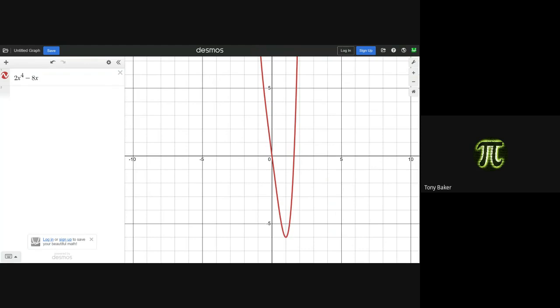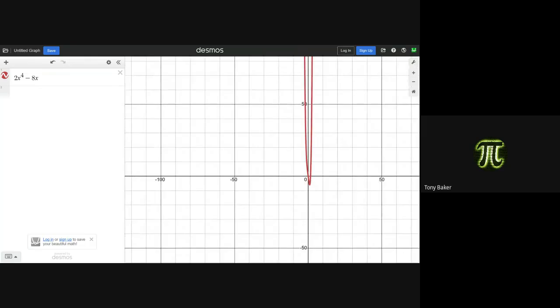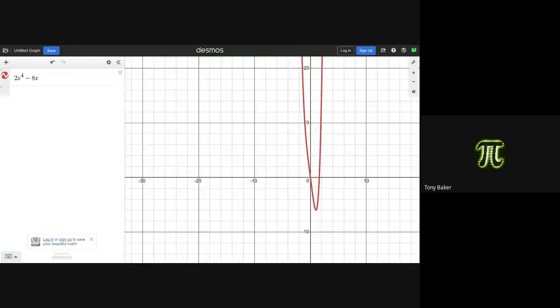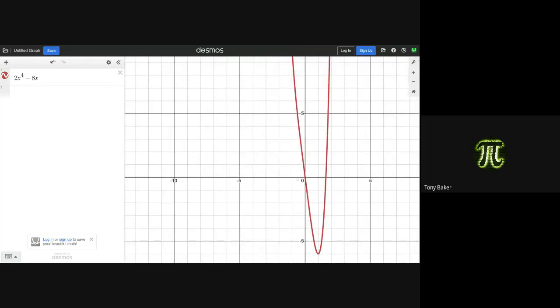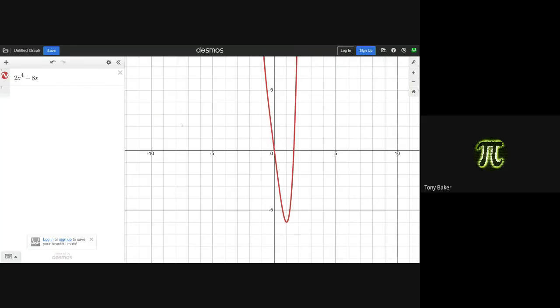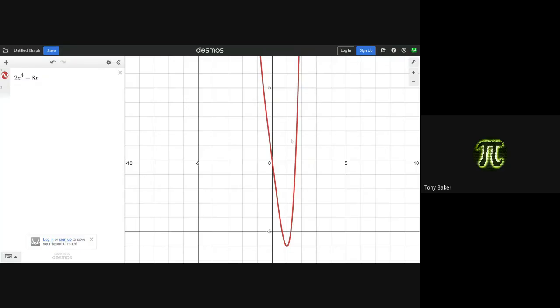A fourth degree equation has a tendency to do other loops and stuff in there. I don't know if this one actually does. I think this one actually just goes like that. But that's the question. When you're looking at this point here, it's like, okay, that might be a minimum, but I don't know what's happening outside of this window that I'm looking at. It could come back down at some other point.